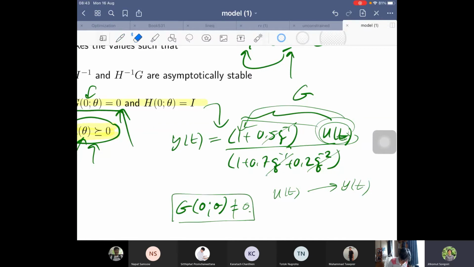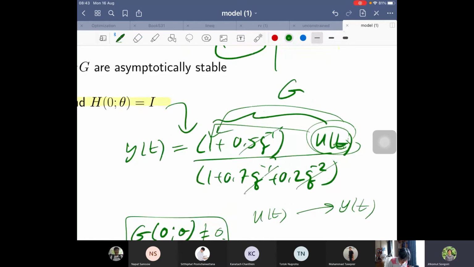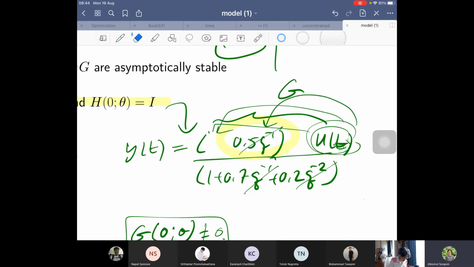But what if G obeys this condition? It means that you cannot have a constant at the numerator of G. In that case, G u, the way G applies on u, will just use the effect from u_{t-1}, right?